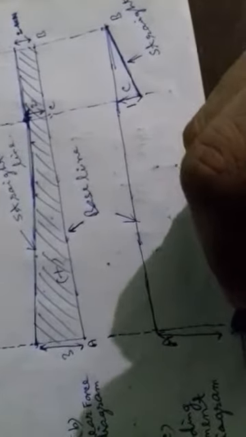And as the value of MA will be minus 3.5 kN, so take some value equal to 3.5. Let this be 3.5.